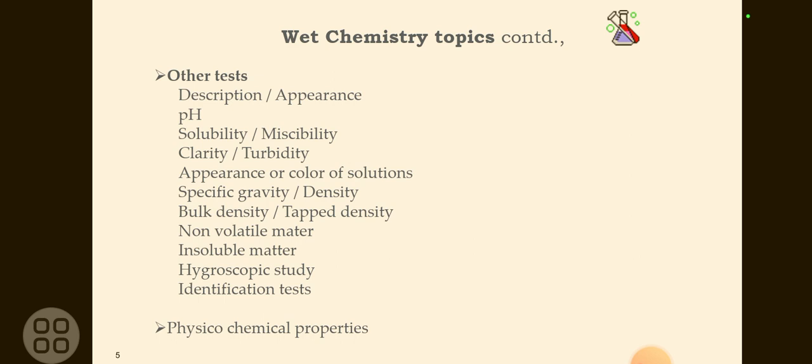Saturated solubility means how much dissolves, at what temperature, in what type of buffers and what type of solvents the solubility is more. And XRD polymorphic structures, whether it is in a crystal form or an amorphous form, and the thermogram by DSC and TGA. Those all come under physico-chemical properties.